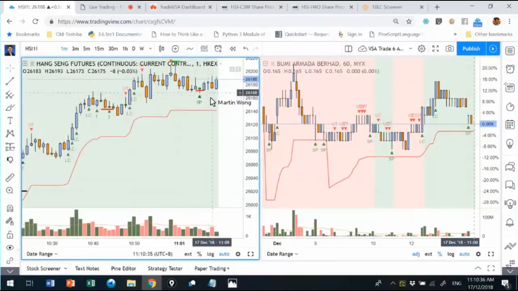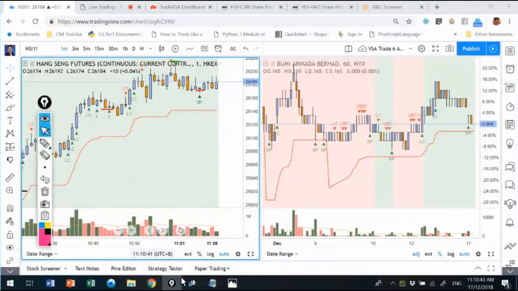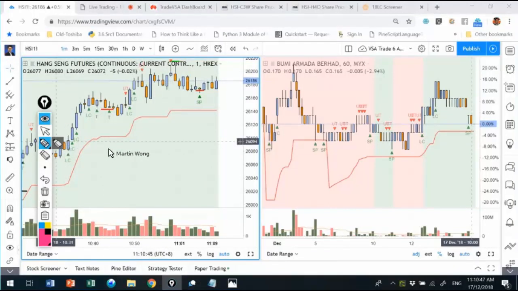Now, what we want to do here is look for the lower high and the lower low. Remember, going back to here again, the trend is a downtrend. Which is what? Lower high and lower low, correct?